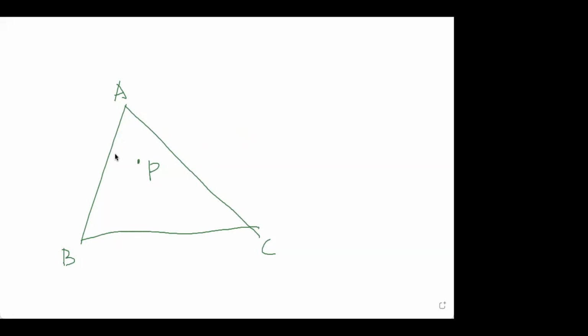He said that we can reflect P over the sides AB, BC, and CA, and then form a hexagon. Well, I think that sounds cool, but I'm not sure if it works.